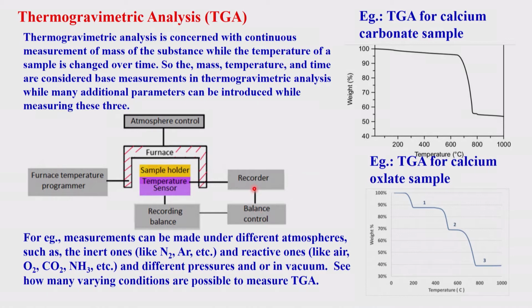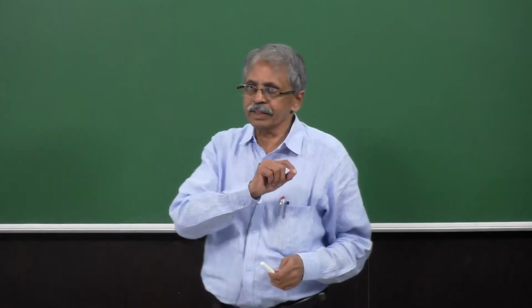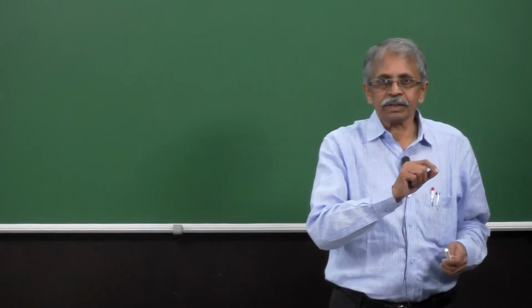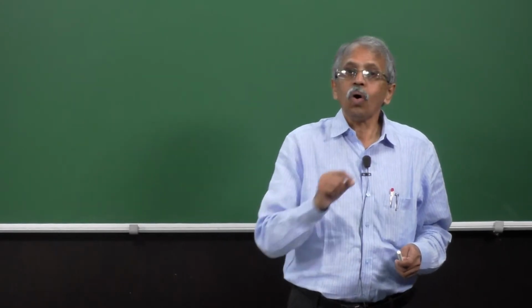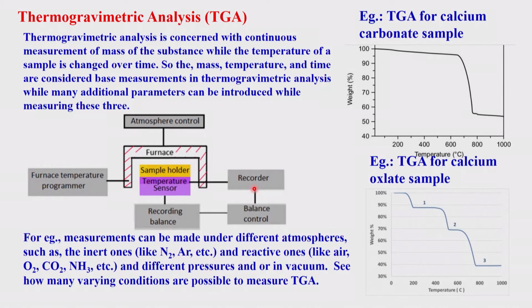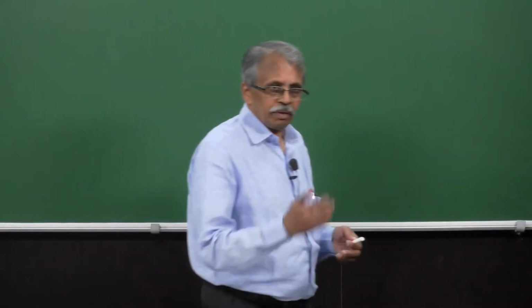So, what is a simplistic way? Either you can plot the time on the x-axis, or the temperature on the x-axis, or the rate as a function of time, and on the y-axis you have the weight.